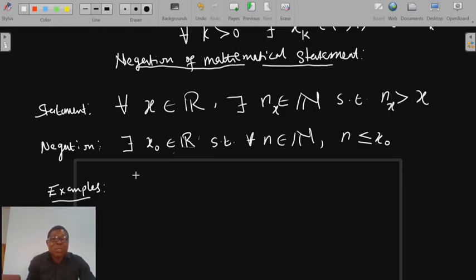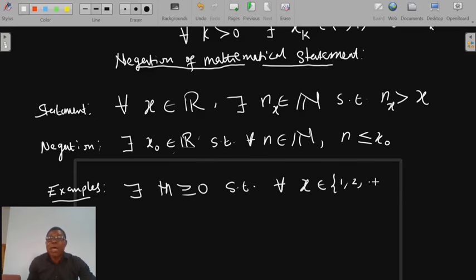Now, let us look at this statement. There exists m greater or equal to 0 such that for any x in the set {1, 2, -5, 3, -6}, the absolute value of x is less than or equal to m.